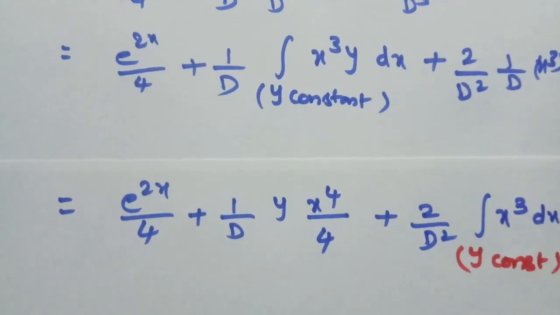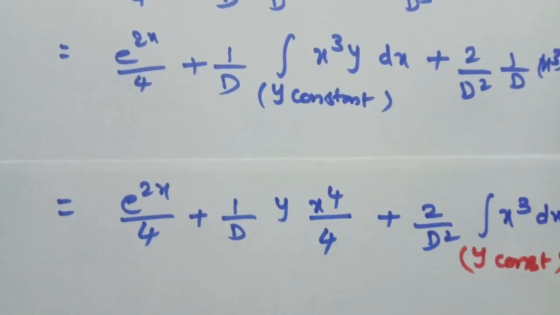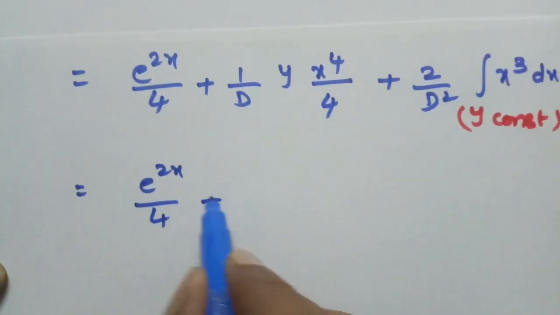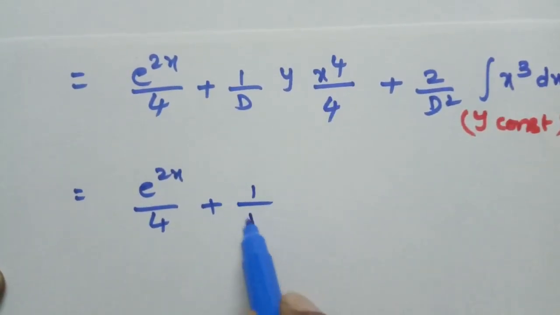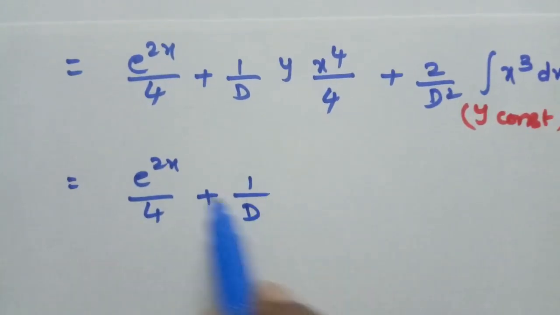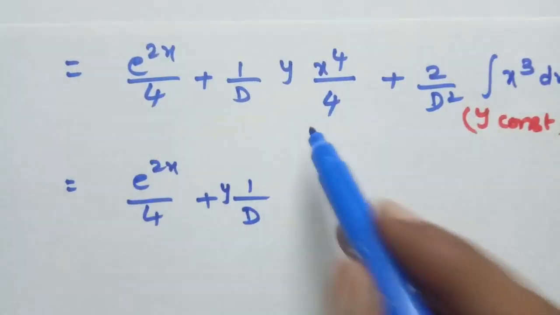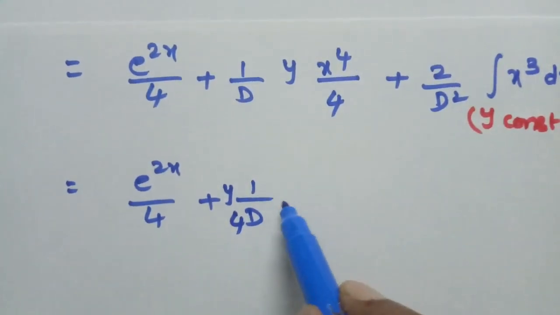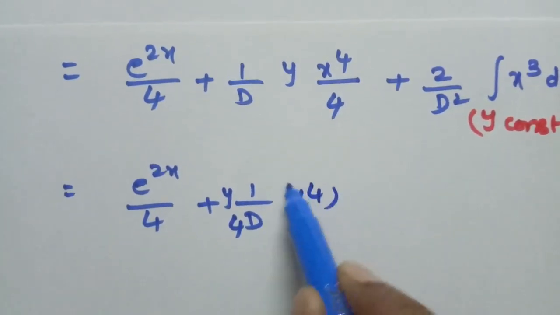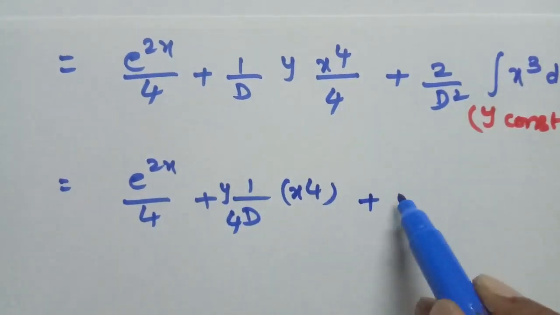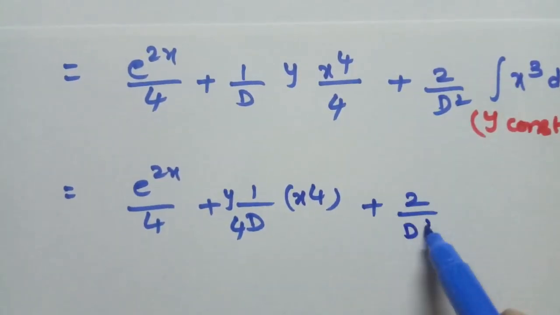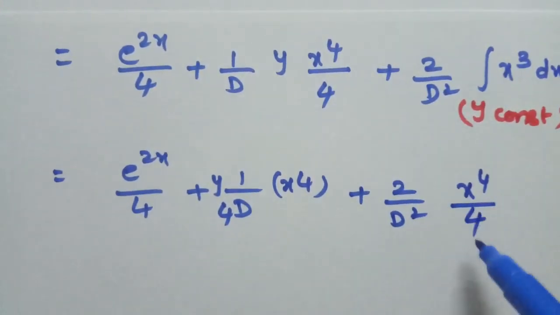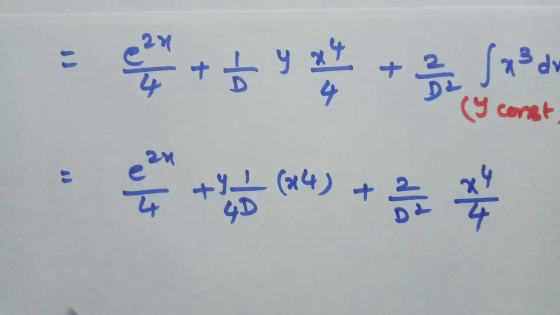So this can be written as e power 2x by 4 plus 1 by D into, y is a constant here, therefore x power 4, plus 2 by D square into integration of x cube, x power 4 by 4.